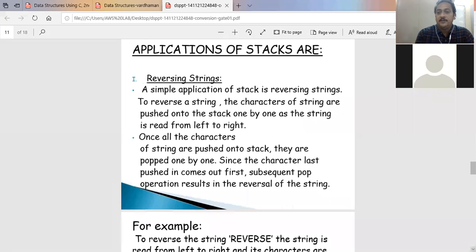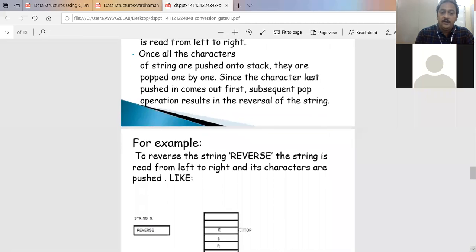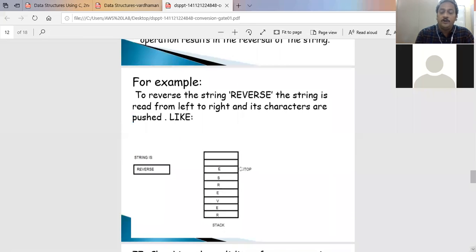While you are about to reverse a string, first add the characters one by one. Suppose you want to reverse the string REVERSE, then insert all the items. The first character is R, so it will be at the bottom, and the second character is E, and so on. You have the last character at the top.